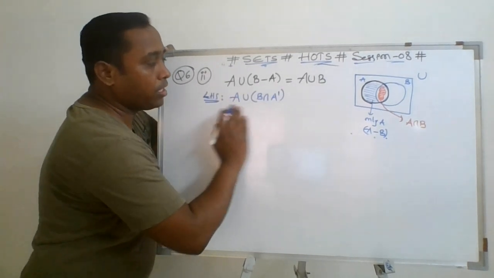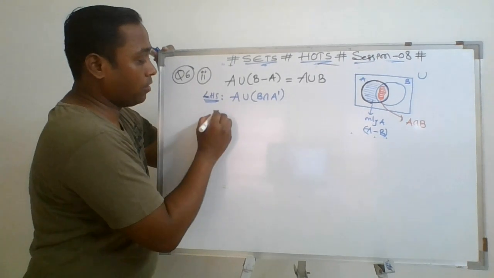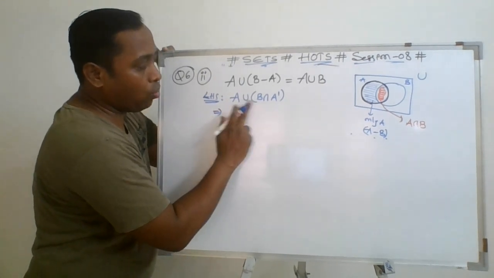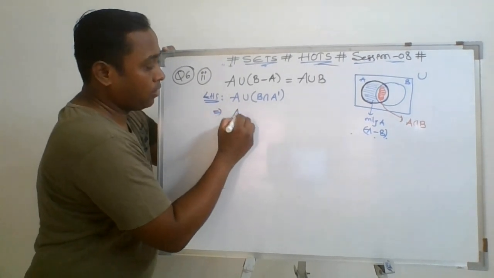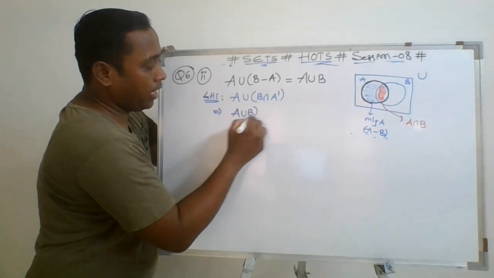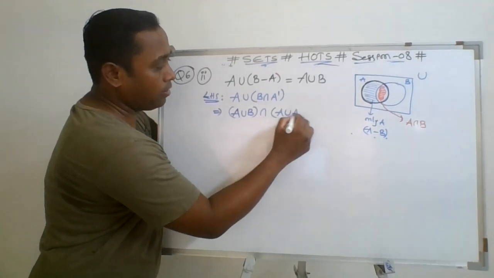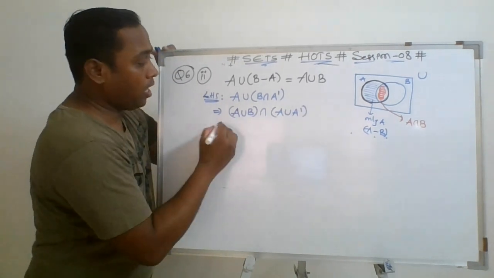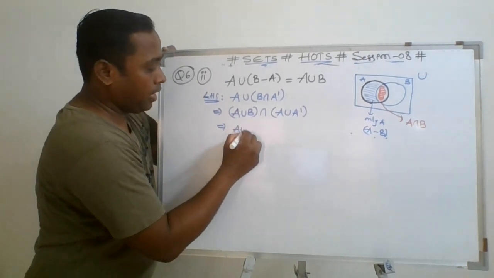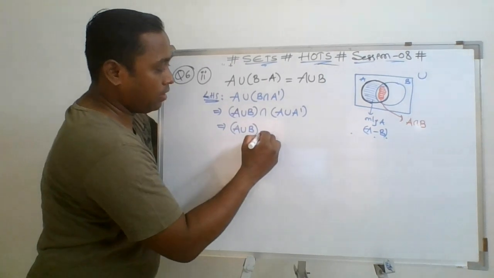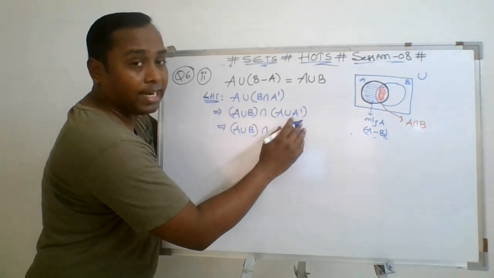Now I can use a distributive property over here. I am distributing union over intersection. So it would be written as (A union B) intersection (A union A dash).